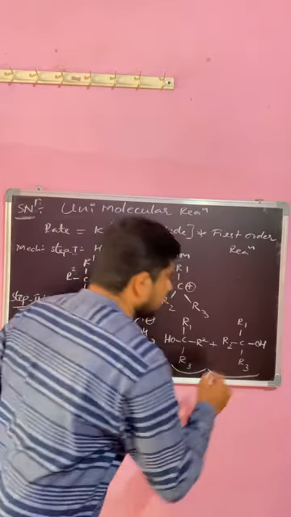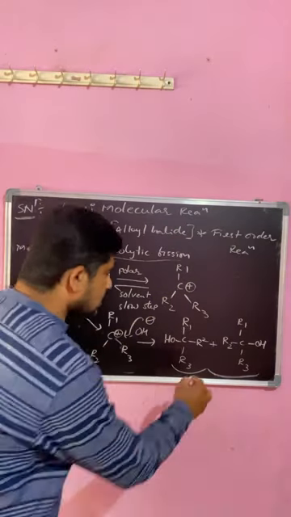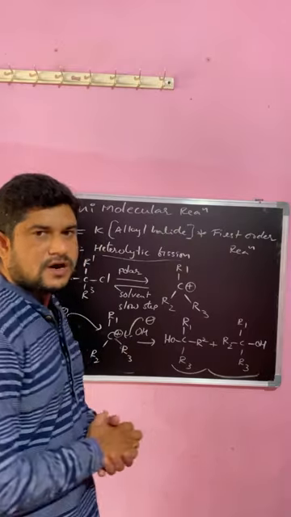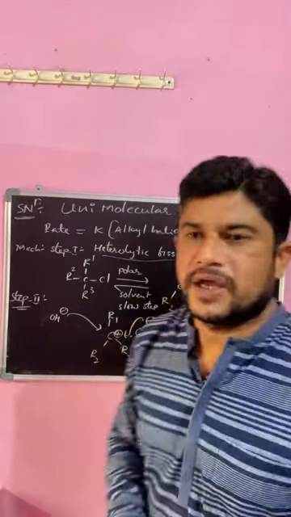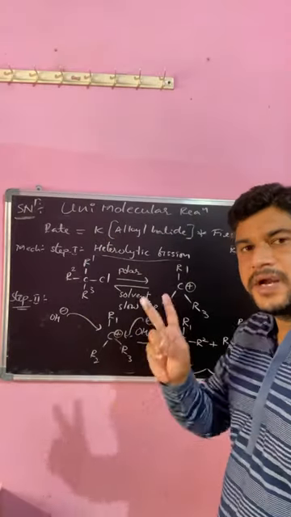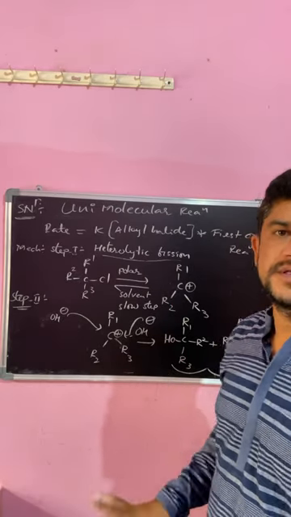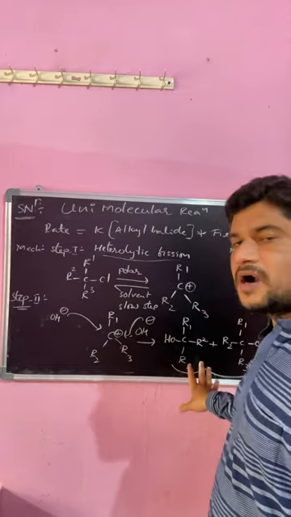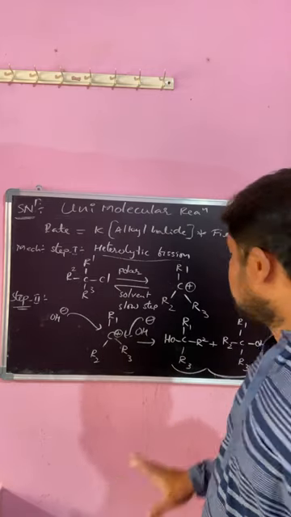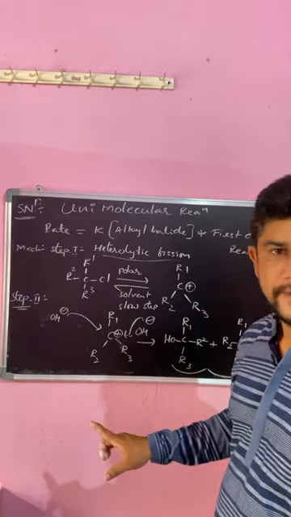These two are mirror images of each other, so they are called enantiomers. The formed products are non-superimposable mirror images. So both products are formed.